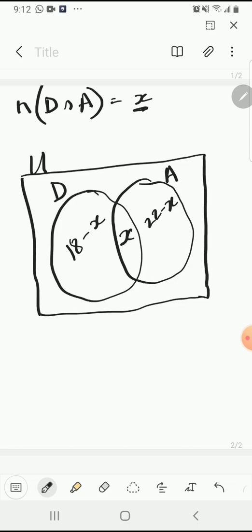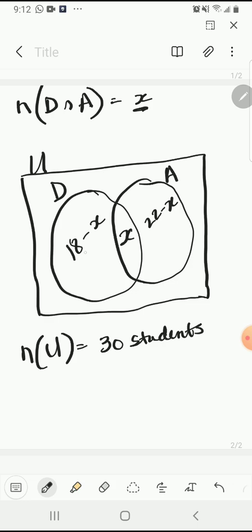Now, this equation, we know that the number of elements in the universal set, or number of students in the universal set, that's 30 students. Now, that is equal to those who like dancing only, plus those who like both, plus those who like acting only.